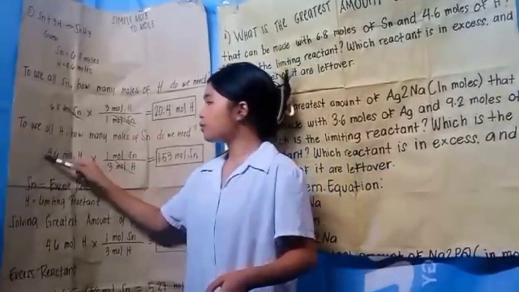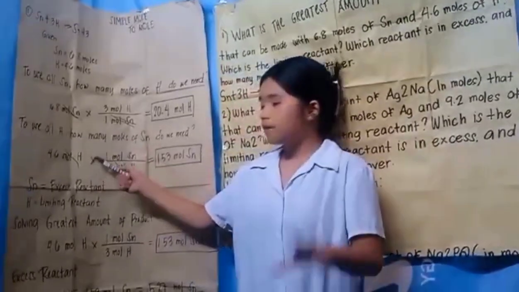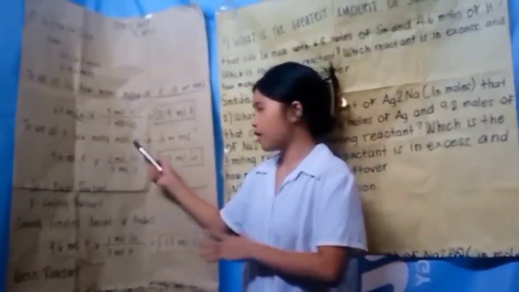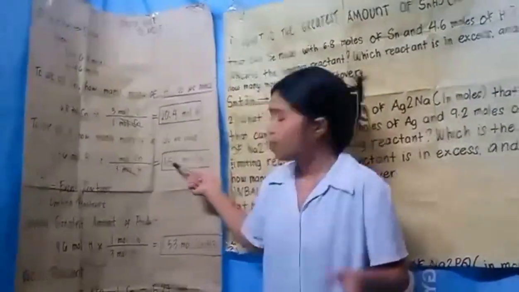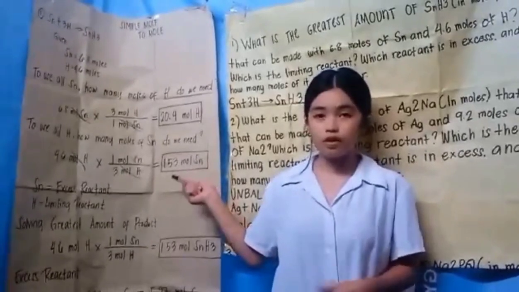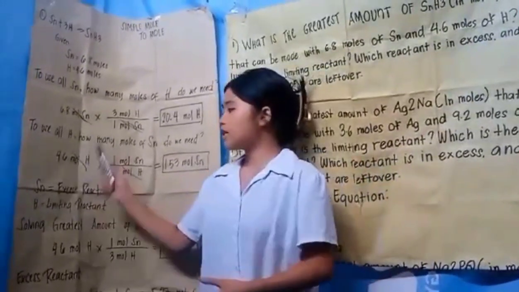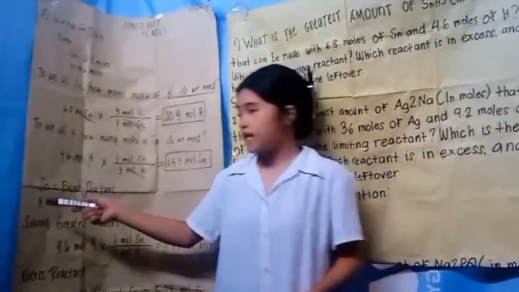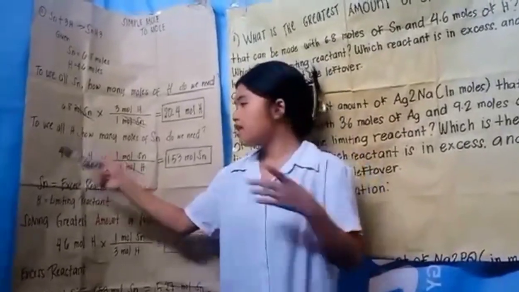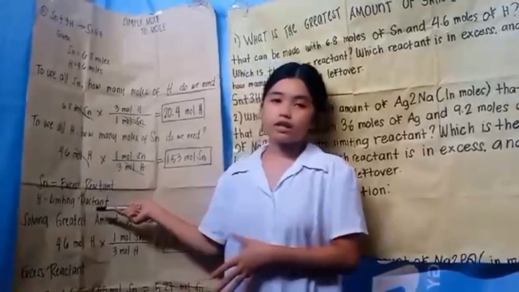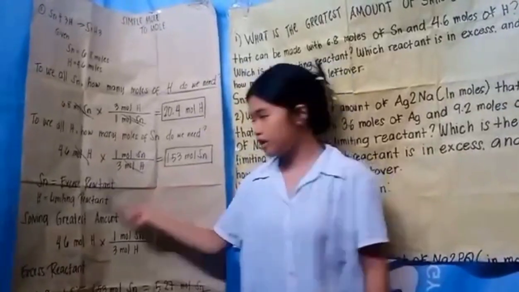So it would be 4.6 multiplied by 1 mole of Sn over 3, and that would result to 1.53 moles of Sn. So our excess reactant is Sn, whose element name is tin, and our limiting reactant is H, which is hydrogen.